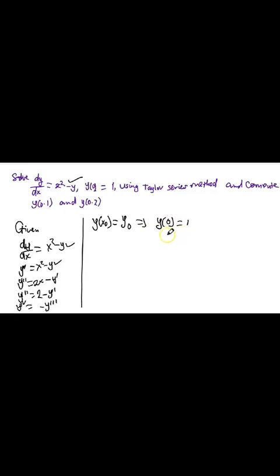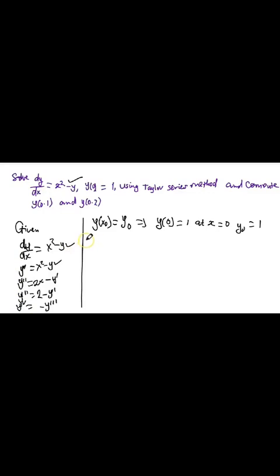You need to pay attention to this. So what actually this means is that at x equals to 0, y naught is equal to 1. We can now use what we have already gotten. We have found the first derivative, the second, y prime, y double prime, y triple prime, and y power 4.